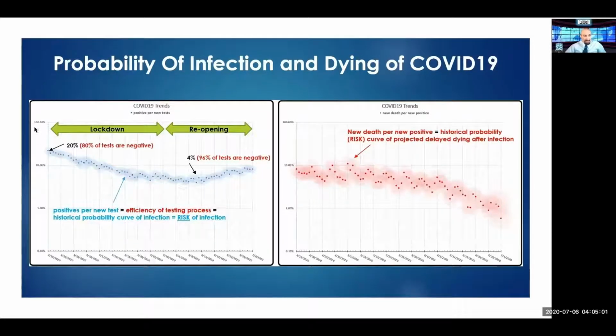Again, the vertical axis here is a logarithmic curve of the percentages. So what this curve tells us is the positive per new tests represents the historical probability curve for infection.